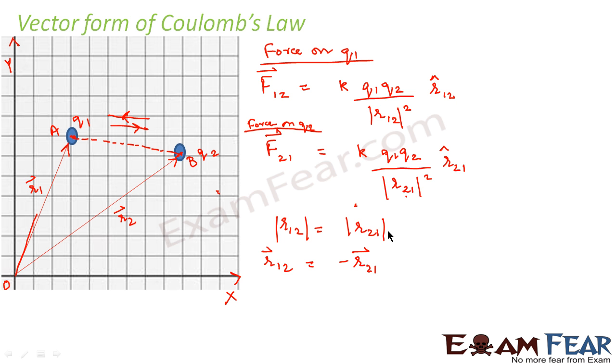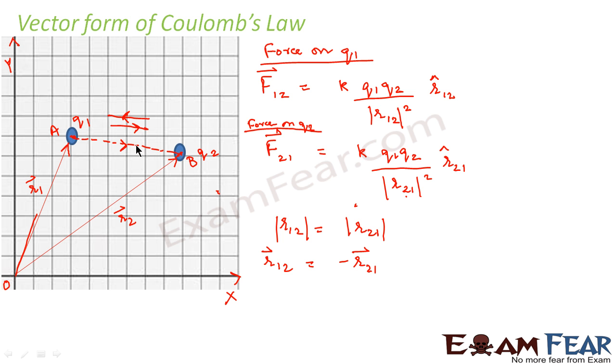Now if I compare both magnitude as well as direction, in that case R12 will be equal to minus R21, right? Why is it so? Because graphically you can just say that the direction will be opposite. If you want to see it mathematically, you can do that also. When I talk of R12, it is in this direction. So using the vector law of addition, you can say that R2 will be equal to R1 plus R12. So R12 will be equal to R2 minus R1, right?